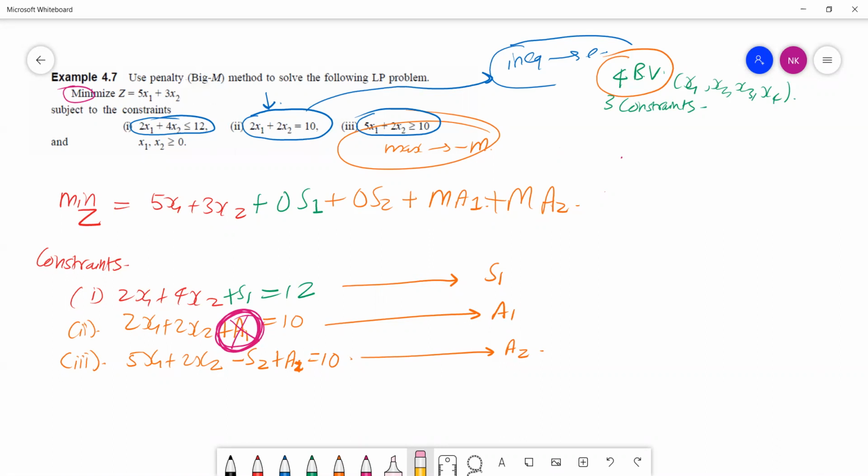Suppose we are adding minus a1, then what will be the issue? For example, a1 is greater than or equal to 0, we are putting the constraint like this. Then if you put minus a1, it will reduce your values in the constraint. So we generally don't force a negative sign on these artificial variables in the constraints.